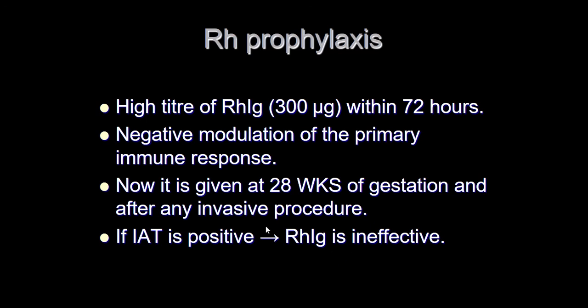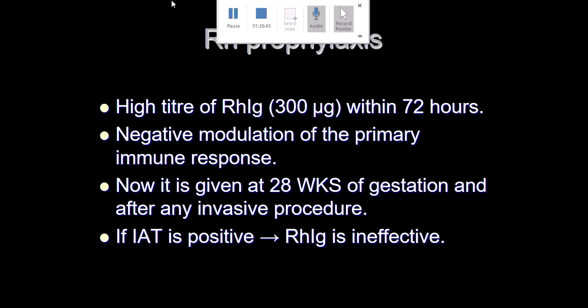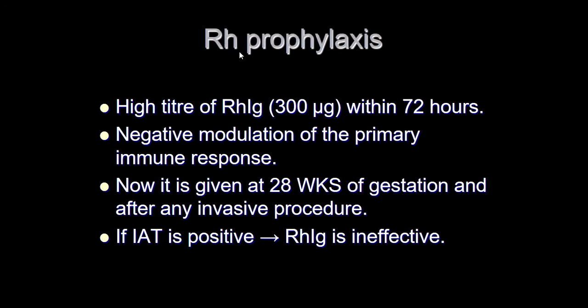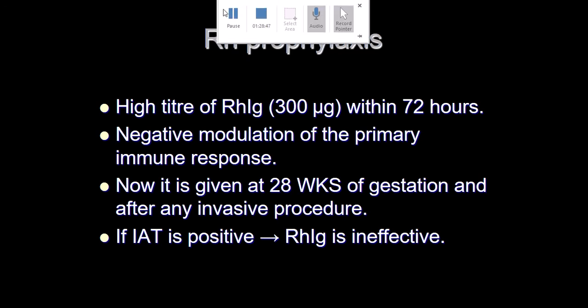So the idea is to give the RhoGAM, or the immunoglobulins, so she will not develop antibodies that will go to the baby. This is extremely important to know. If the antibodies are already there, it will not be effective.